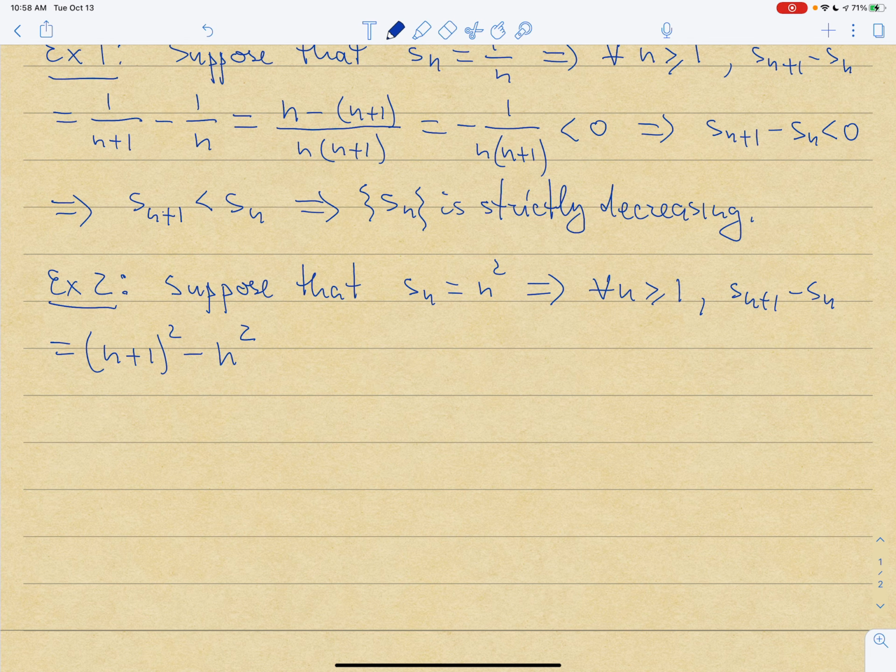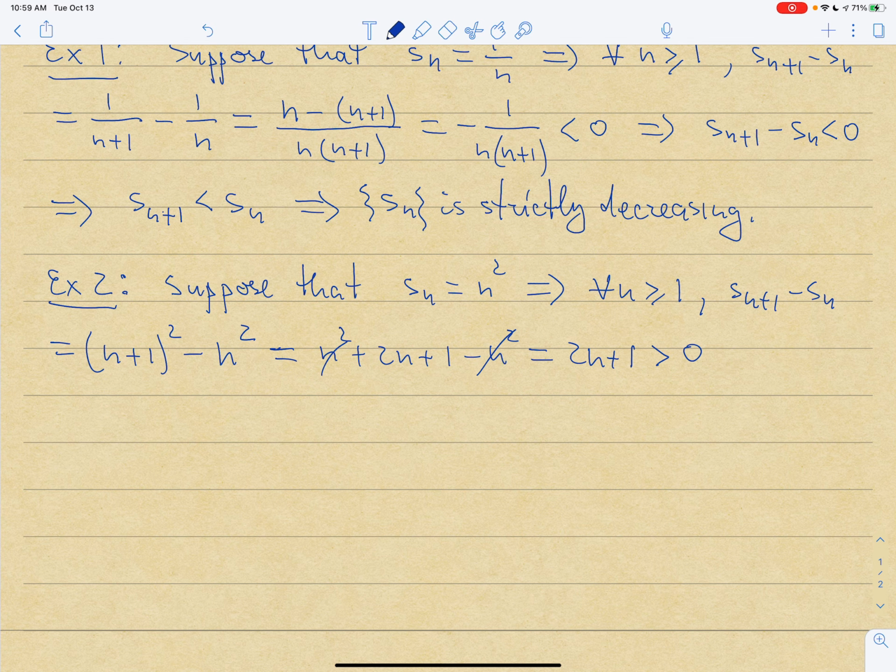If we simplify, this is n squared plus 2n plus 1 minus n squared. N squared goes away, 2n plus 1, and this is always strictly positive when n is greater or equal to 1.